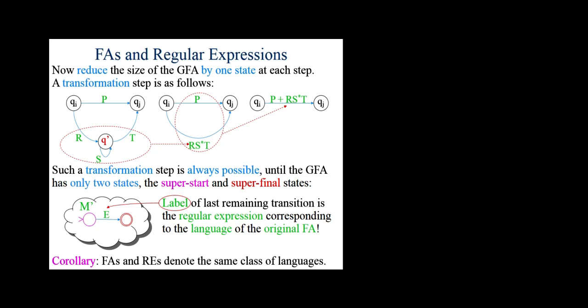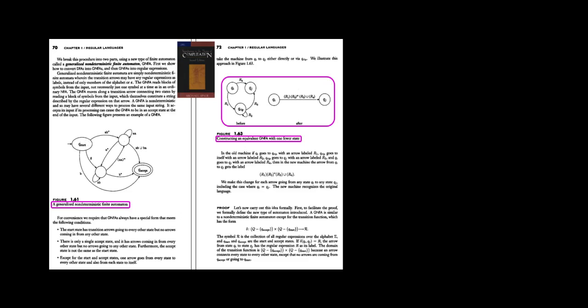Because now that we're going to prove this, this is the other half of the theorem. So basically what it says is that for every regular expression, there's a finite automata that accepts the language denoted by it, and vice versa. In other words, the set of languages denoted by finite automata and the set of languages denoted by regular expressions are one and the same set of languages.